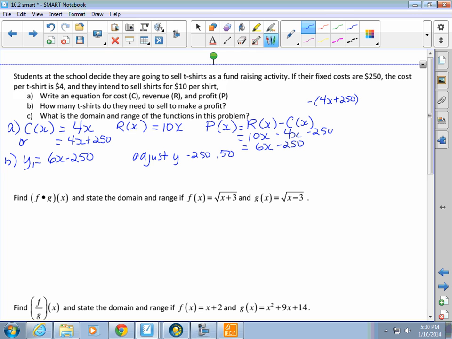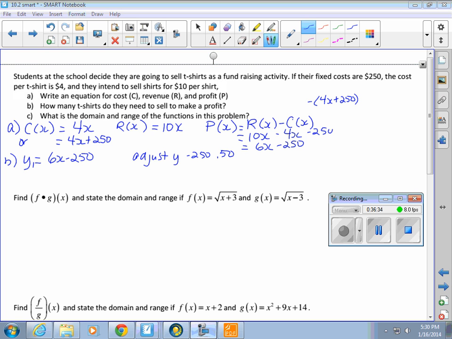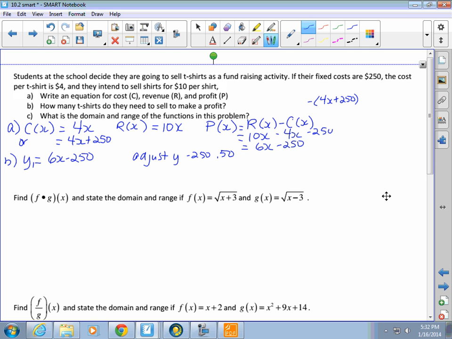So when you put that into your calculators, maybe I'm going to pause here and put it up because that might be better to see. Okay, well, my calculator that comes up on the smartboard isn't cooperating right now. But basically, then what you can do on your calculators, enter in y1 is equal to 6x minus 250.